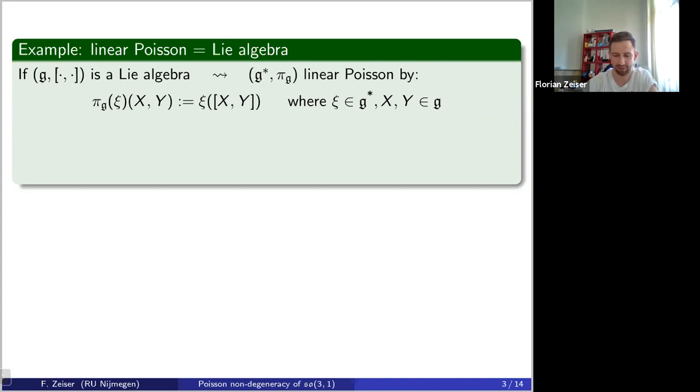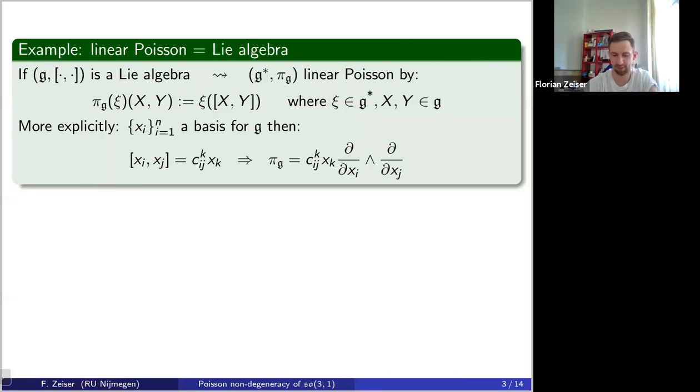Given an element ξ of the dual of a Lie algebra and two elements x, y of the Lie algebra, which we identify with the dual of the dual, the Poisson structure is just given by the evaluation of the Lie bracket of x and y by the element ξ. In local coordinates, this can be expressed in terms of the structure constants, which define the Lie algebra and also the linear Poisson structure, and that's a one-to-one correspondence.